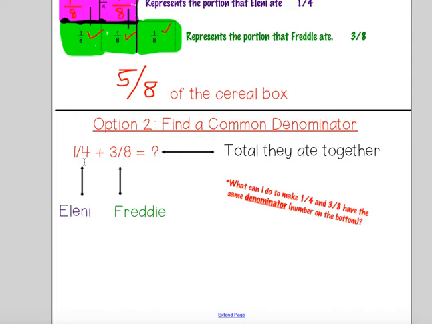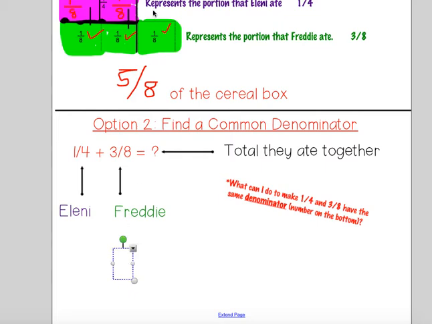So now I have to say, okay, I need to add these two numbers together to find the total that they ate. Well, I can't add fractions with different denominators, so I have to find a common denominator amongst these two. So the first thing that I need to do is look at my denominators and say, okay, is there anything that these two numbers, 4 and 8, have in common? Well, if I know my facts, I know that 4 right here is half of 8.